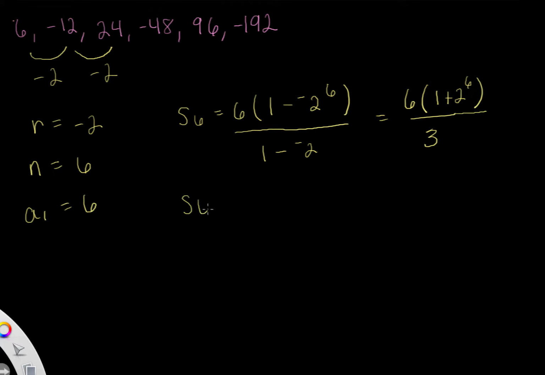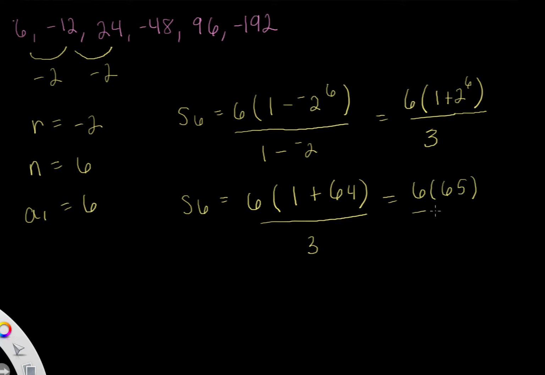So we have the sum of our 6 numbers is going to be 6 times 1 plus, we said 2 to the 6th power was 64, divided by 3. So that is 6 times 65 divided by 3.